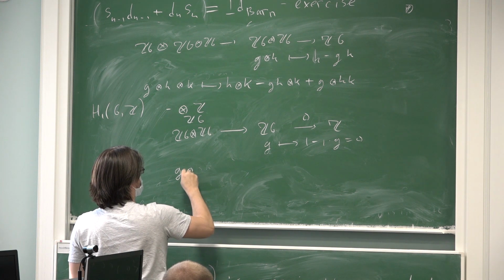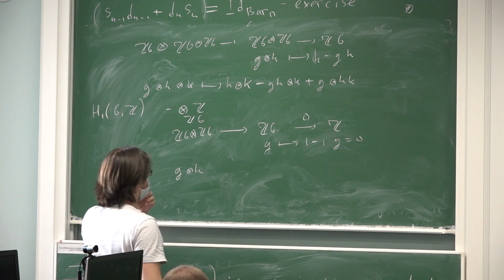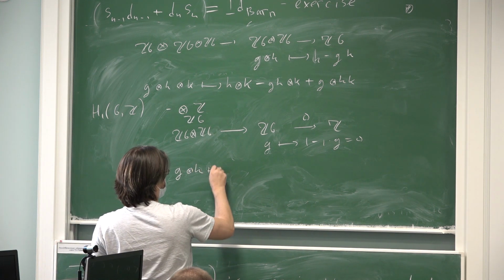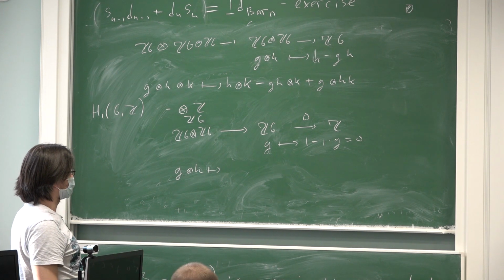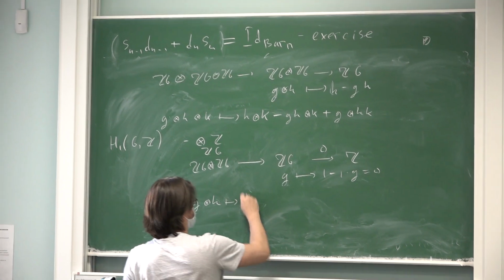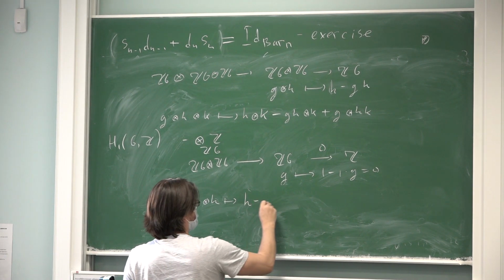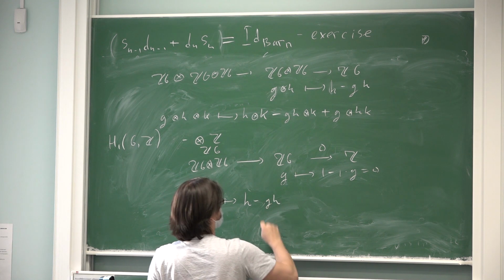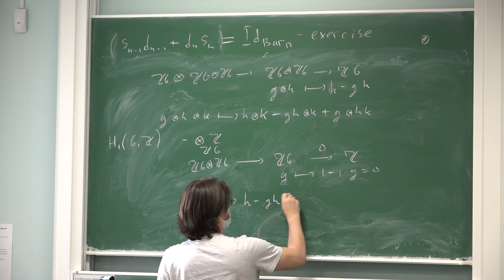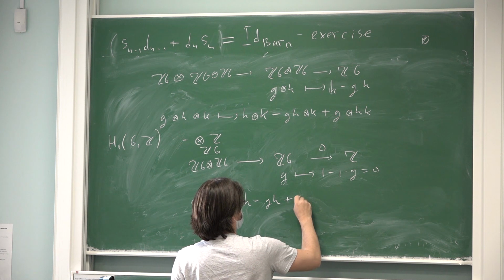So the only question is what this map is. So we take g tensor h, and it goes to h minus gh plus g.